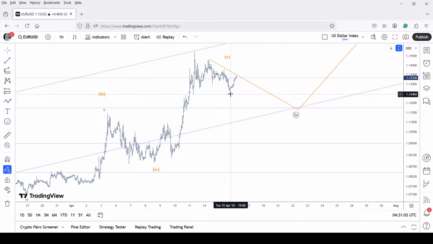Unlikely if the corrective decline is not yet complete, then this particular rally would take shape of a correction, unfolding into three waves, resulting into an X wave.